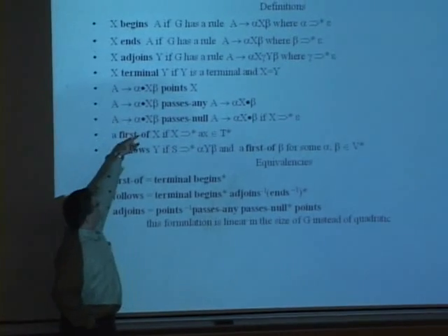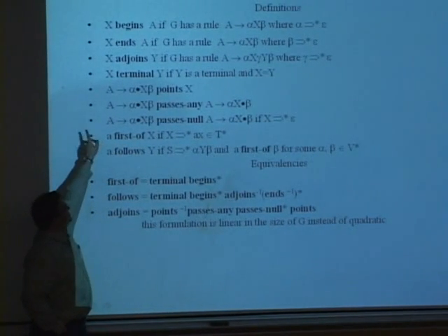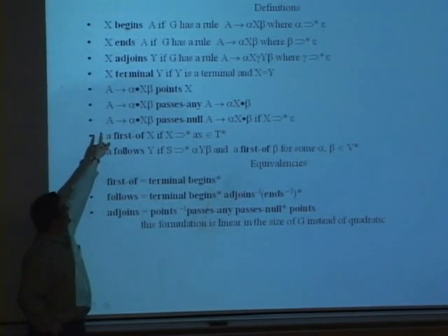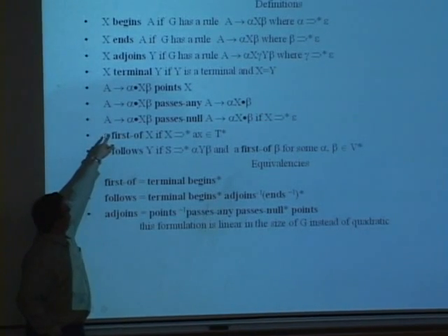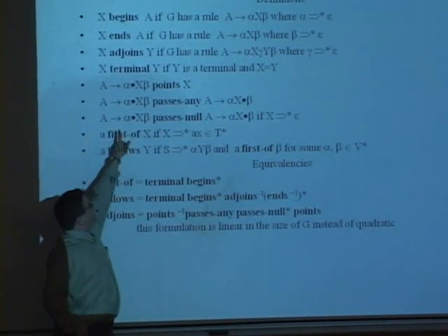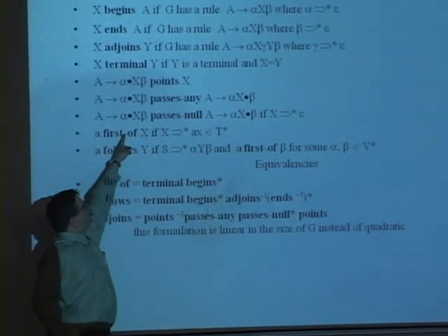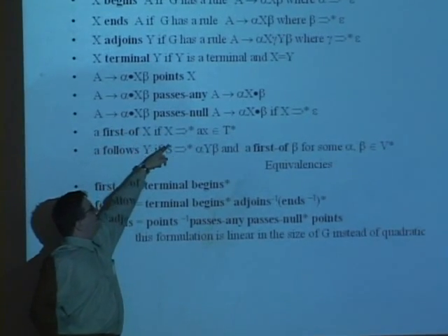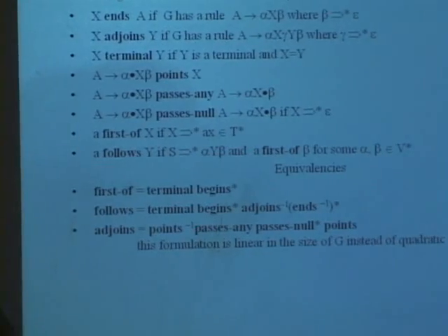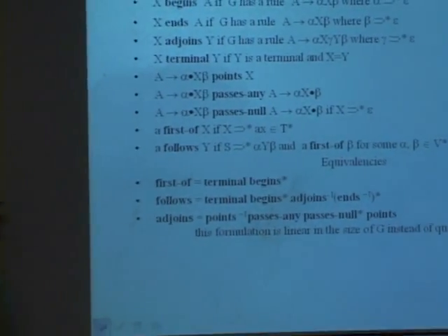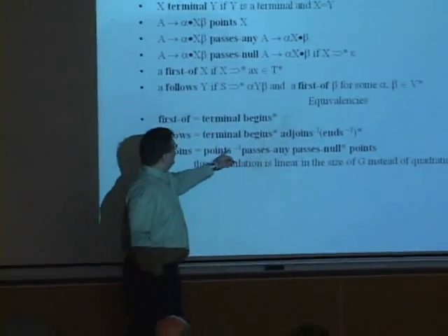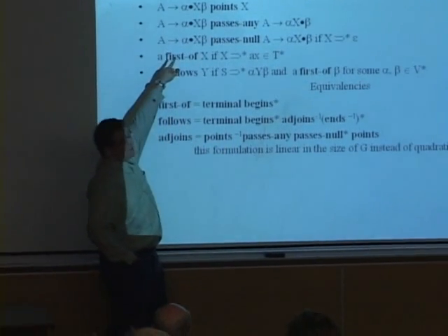A production points to, or an item, I'm sorry, a position A, this position points to x, this one passes any x, and this one we pass null x if x reduces to null, right? So adjoins is you inverse points, right?